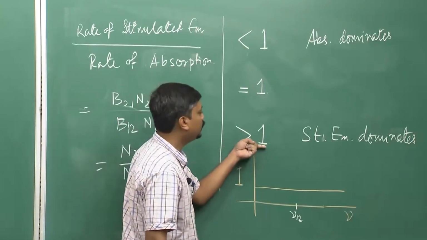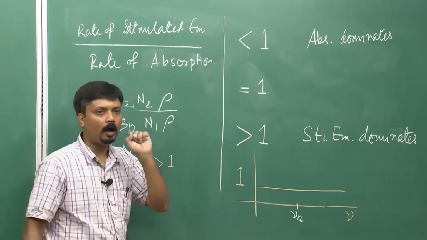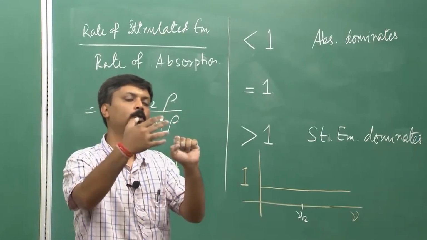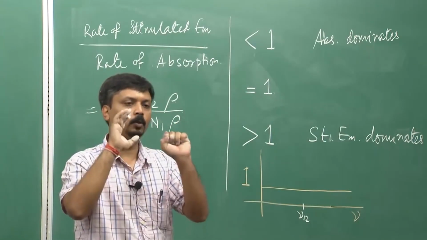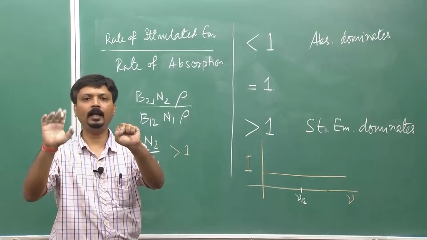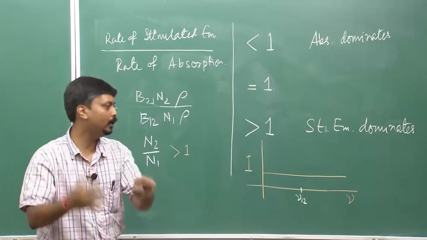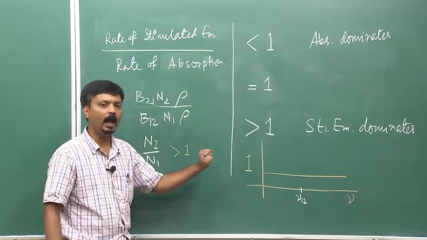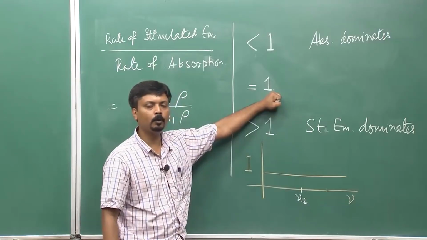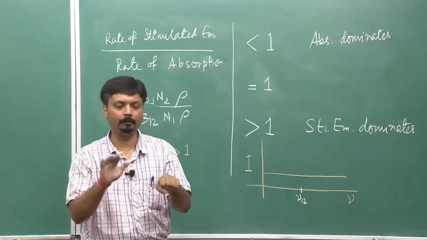Now, the condition when I have N2 greater than N1, then what I will have: I am putting some number of photons and I am getting a number of photons which is much higher. So, when I give say x input and get n times x as output, then I say I have gain. Here also I am giving photons and I am not getting anything out of it, so my income and expenditure are both the same, no gain.